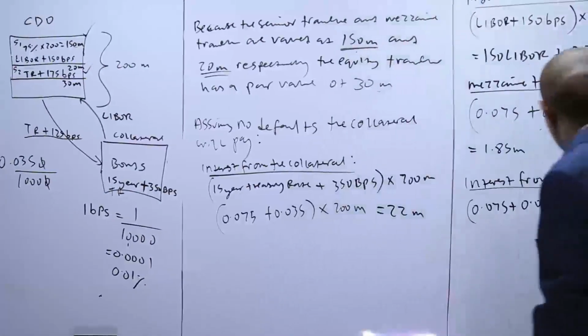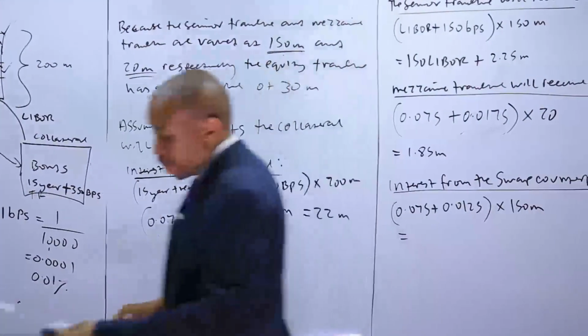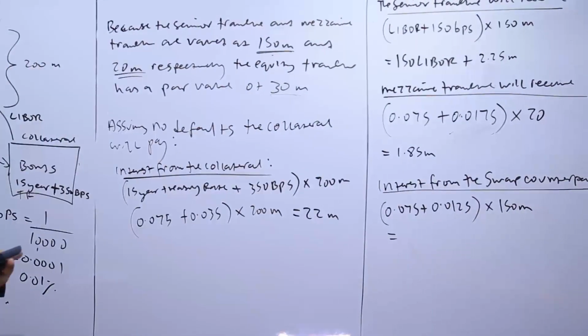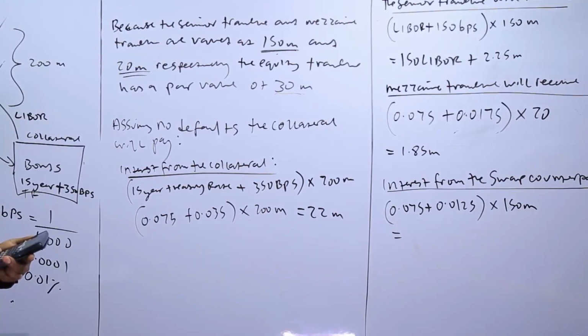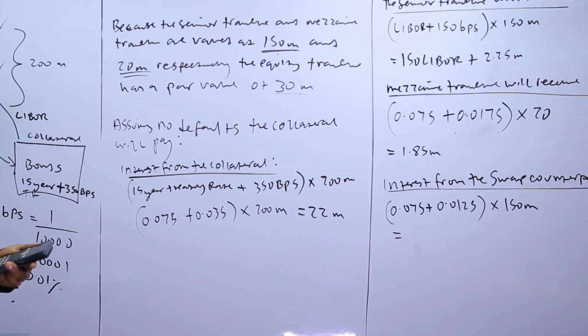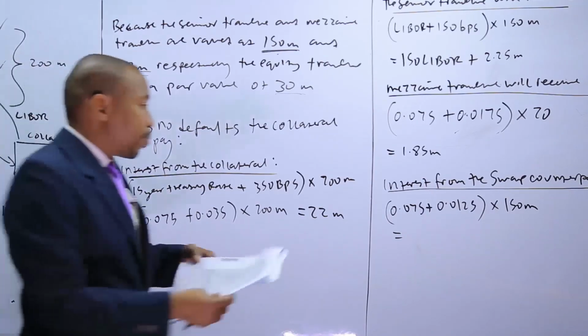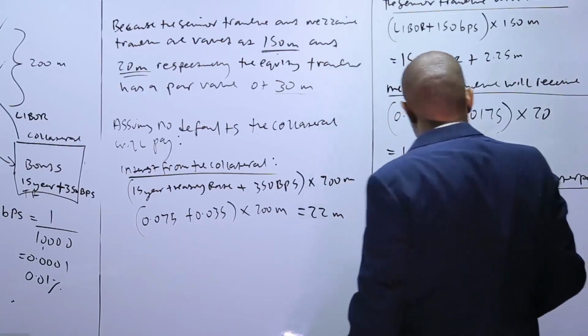How much do we get there? 0.075 plus 0.0125 times 150 million. We're getting 13.125 million there.